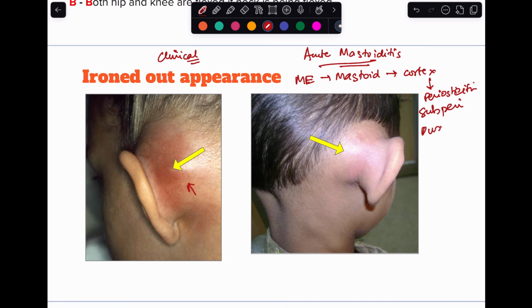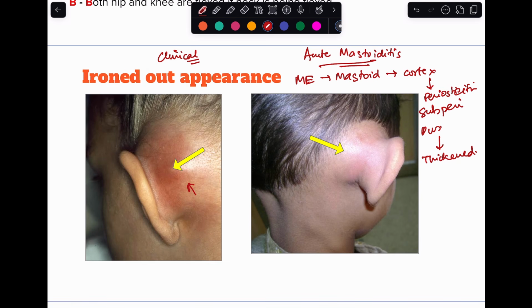Because of periostitis and subperiosteal pus collection, eventually it leads to a thickened periosteum. And because of this, the skin over the mastoid becomes stretched, shiny, and swollen up. This leads to the ironed out appearance.